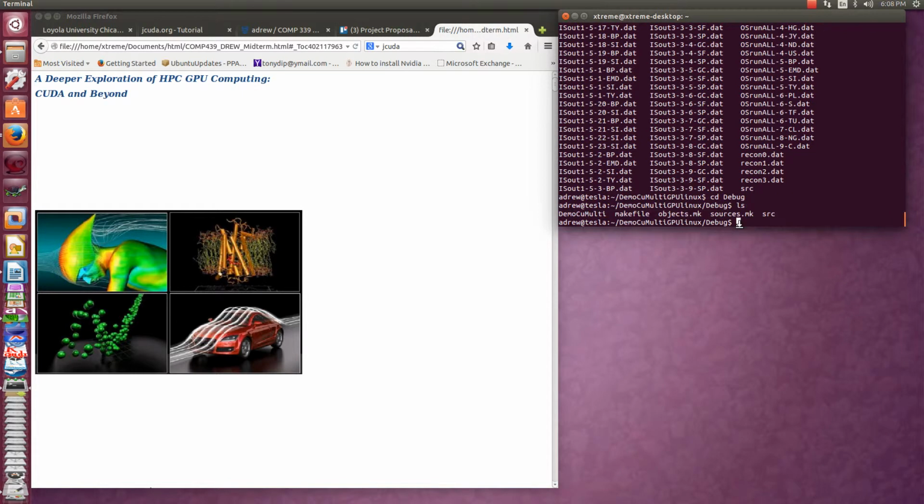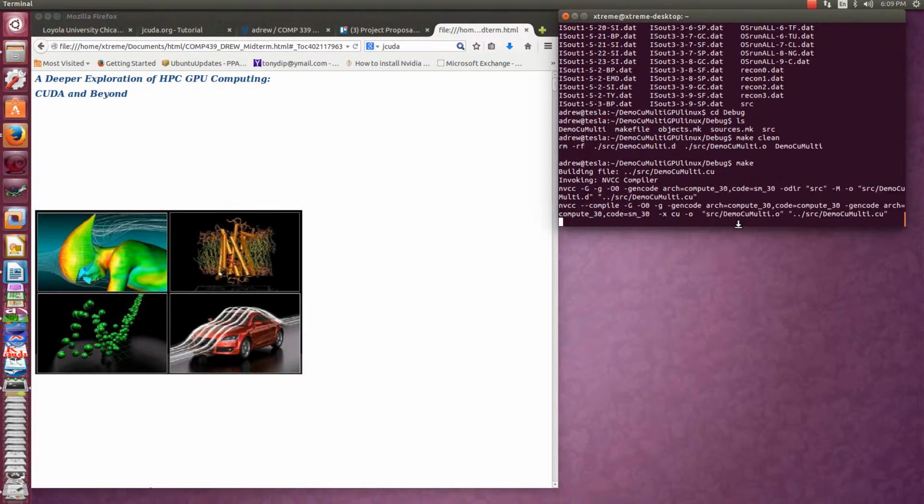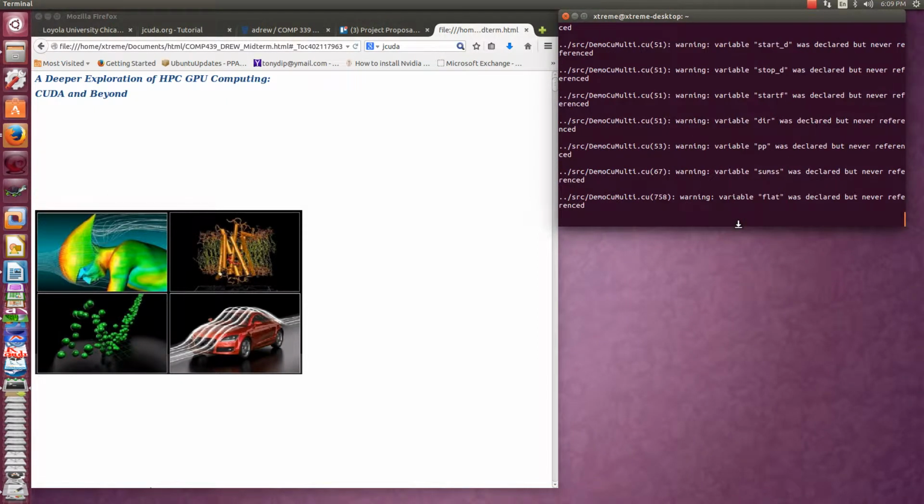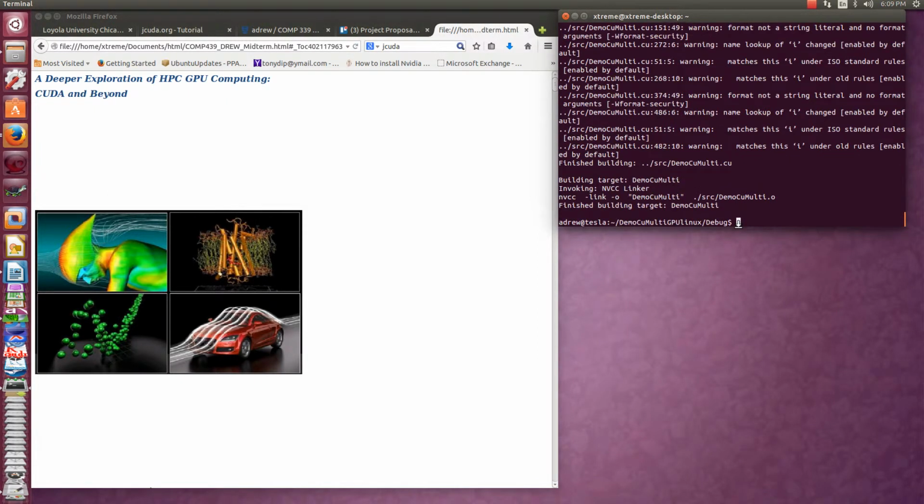We can always just clean it first, and then we can make. We just want to make sure we can compile here. Looks like it compiled, and then we can maybe run it.